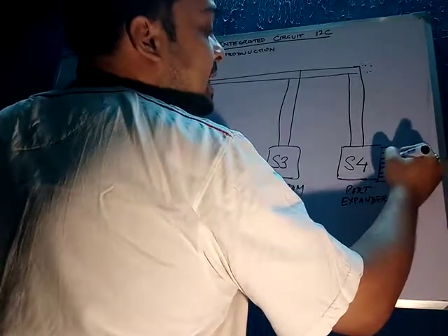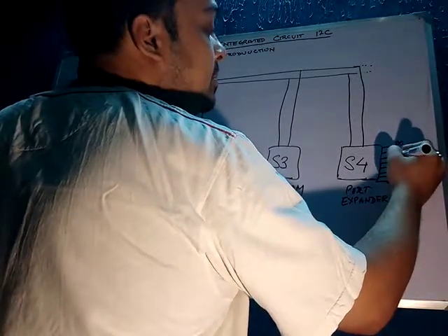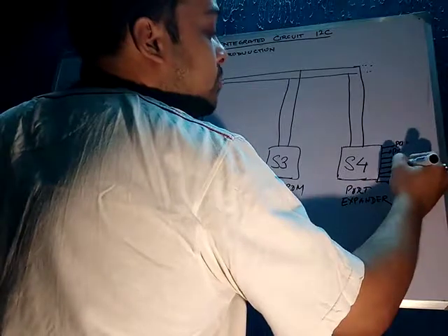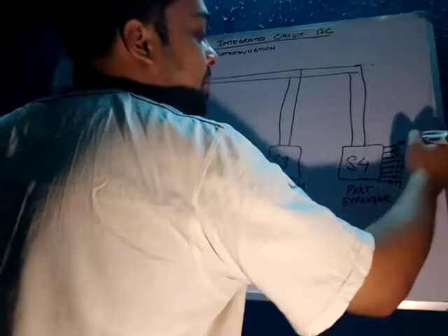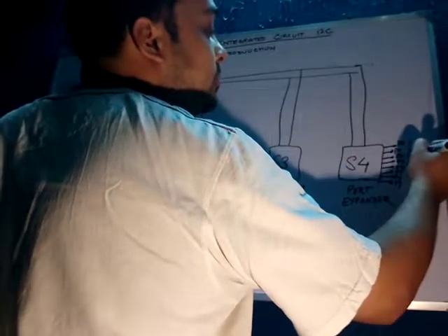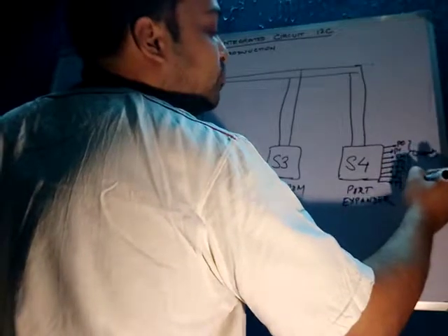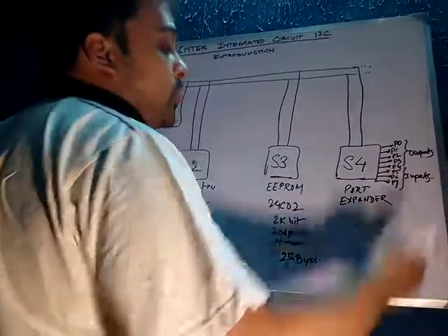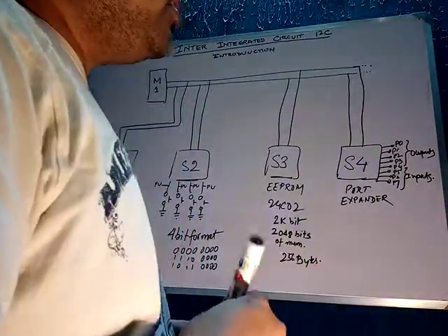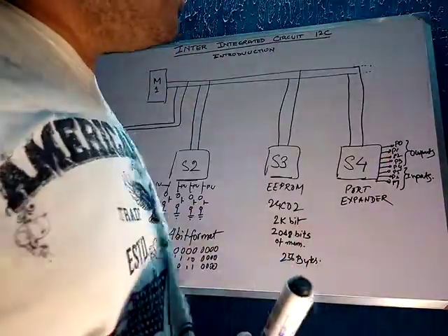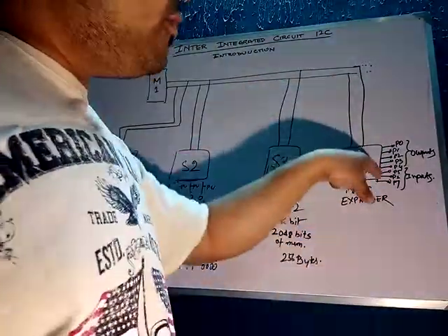Out of these 8 pins, P0, P1, P2, P3, P4, P5, P6, P7, say 4 are outputs and these 4 are inputs. Input meaning you can connect some wires over here. You can drop in 5 volts. If you drop in 5 volts, then it will send a 1. If you drop in 0 volts, it will send a 0.